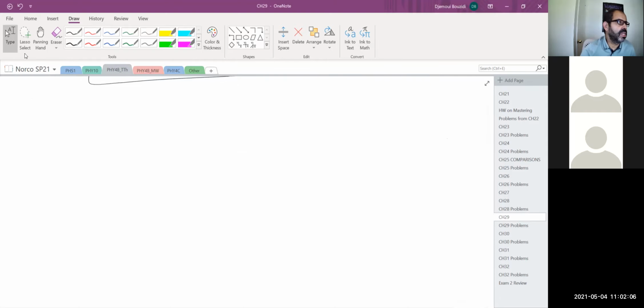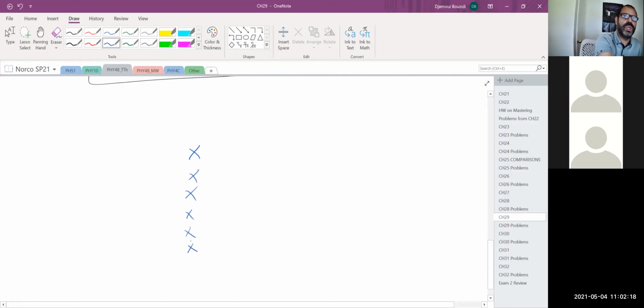So let me do an experiment here. I'm going to use the screen to explain what happened. So I have a magnet. Let's say, for example, the magnet is pointing into the screen. So think of this magnet as north pointing into the screen.